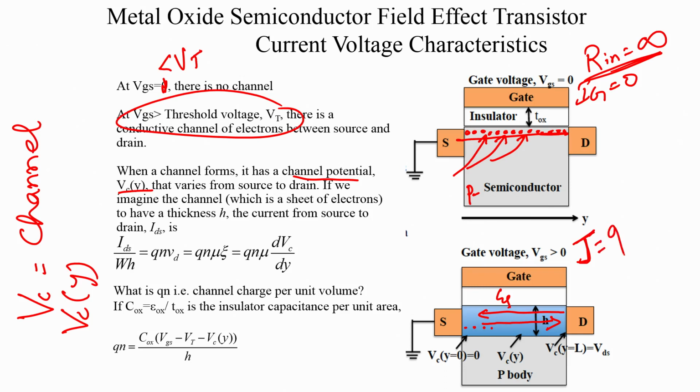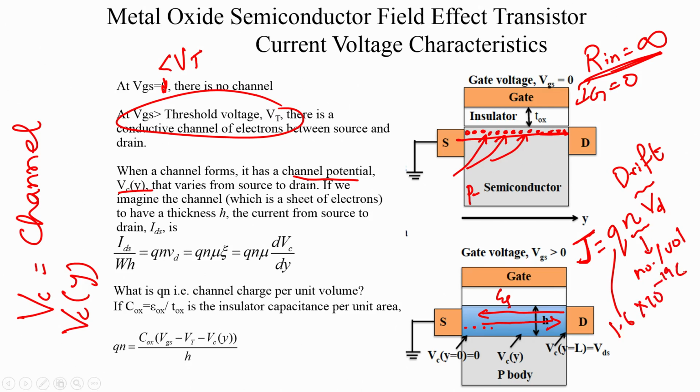It is Q N Vd, okay, where Vd is the drift velocity of the electrons, N is the number of electrons per unit volume, and Q is basically your 1.6 into 10 power minus 19 coulombs. So, that is your drift current density.